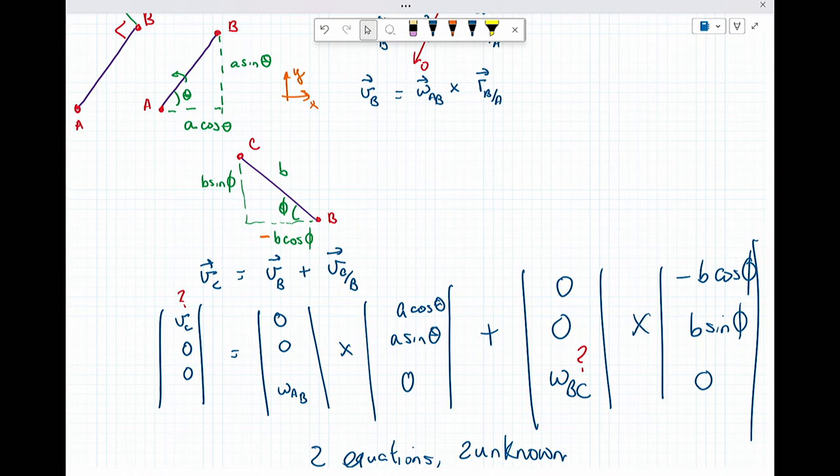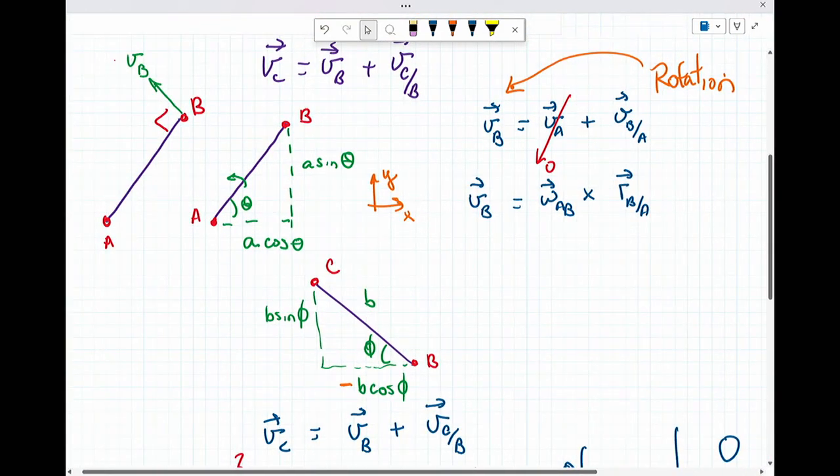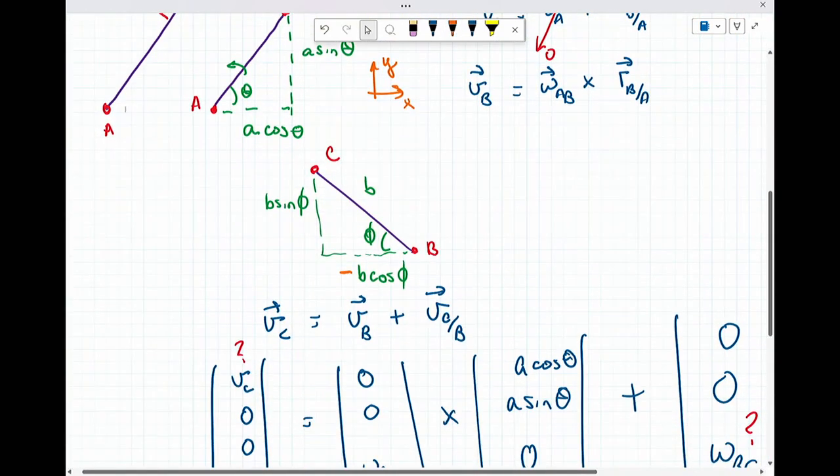And what I need to know to solve this problem is not the direction of the velocities. I just need to know the directions of the link. So I solve for the link position, A sine theta, A cos theta, and the link position minus B cos phi and B sine phi.